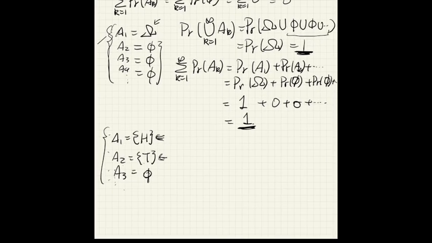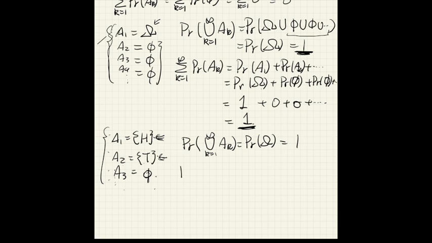If this is the case, then the probability of the countable union of all these is the probability of the union of H, T, and empty sets, which is omega. The probability is 1.